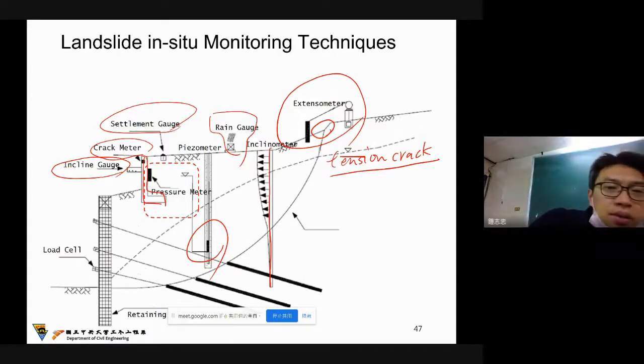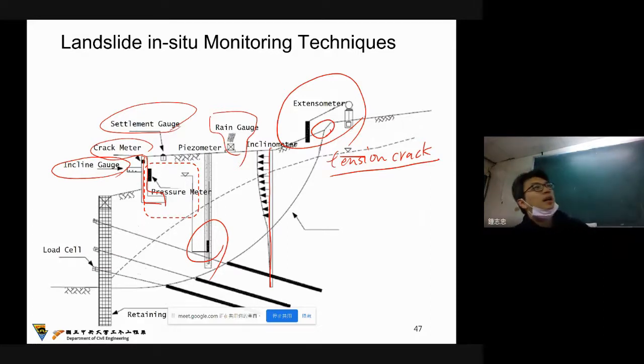I think I just showed the most common instruments, especially for landslide monitoring. So everyone can think about it, because in the first part of this class, I already showed most of the different kinds of transducers or sensors, like the strain gauge or the vibrating wire sensor.